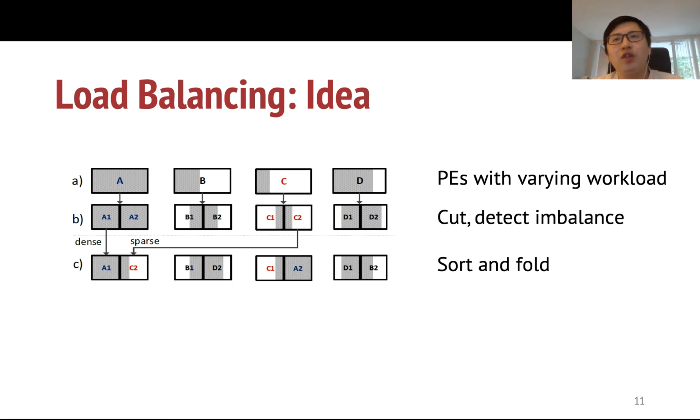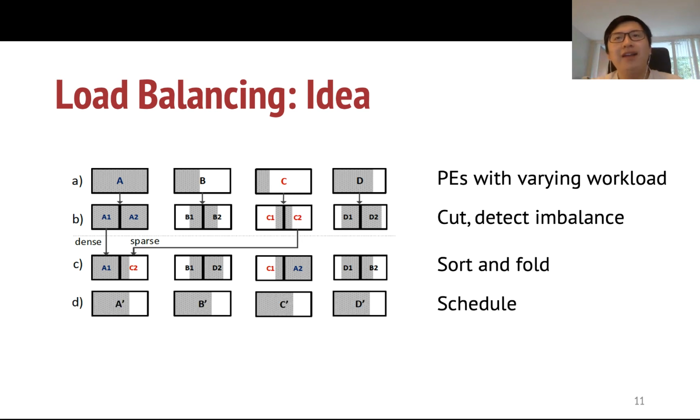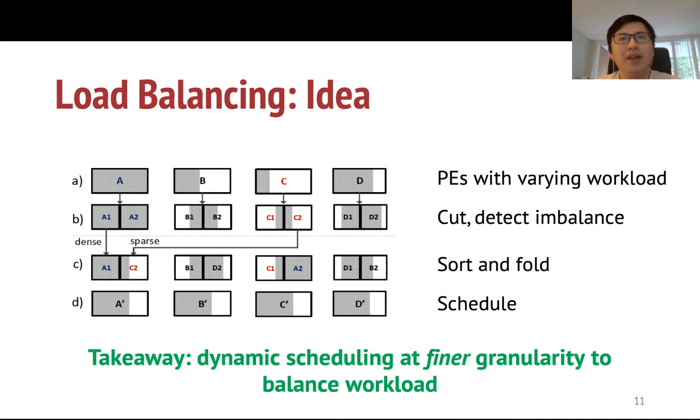Then we sort based on the amount of non-zero elements and fold to create sparse-dense sub-workload pairs. The most dense one will be paired with the most sparse one, and so on. Finally, the paired sub-workloads will be scheduled on PEs and the workload is balanced among PEs. The takeaway is that we perform dynamic scheduling at finer granularity to balance the workload.